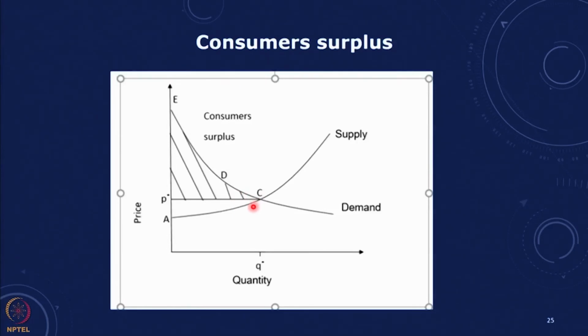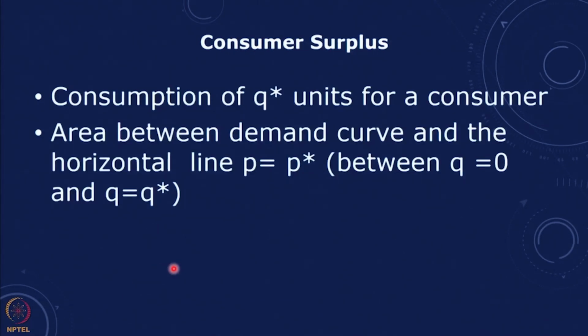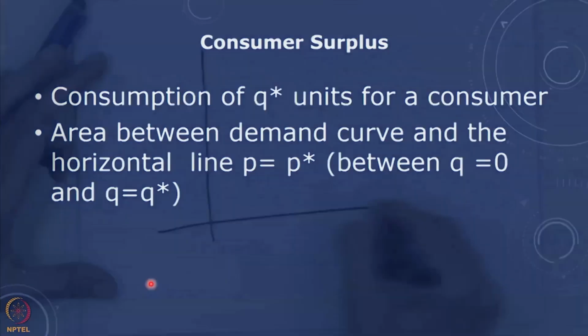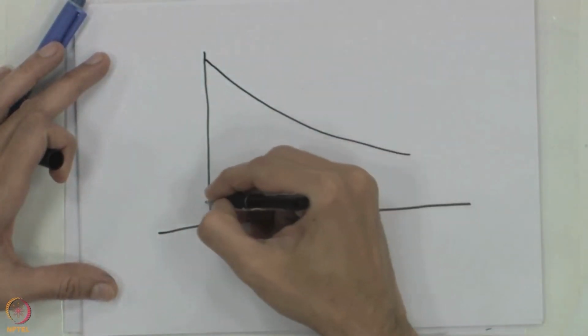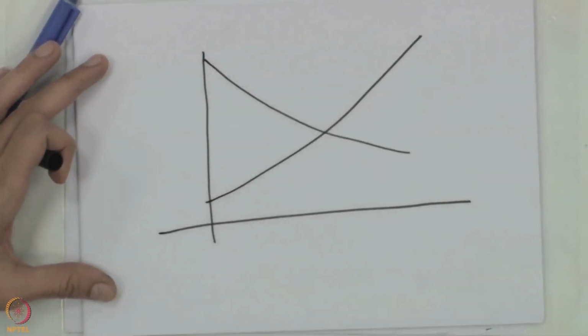Now, let us define these. So, the consumer surplus, as we have defined, is that we have, let us say, consumption of Q star units for a consumer. We talk about any consumer, so let's redraw this, and let's now draw these as curves.